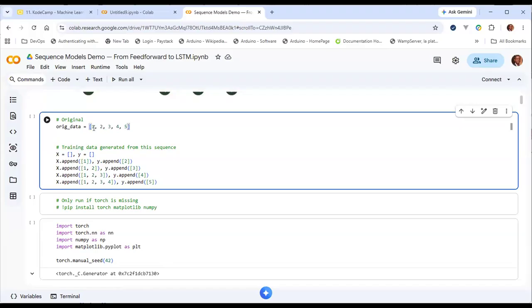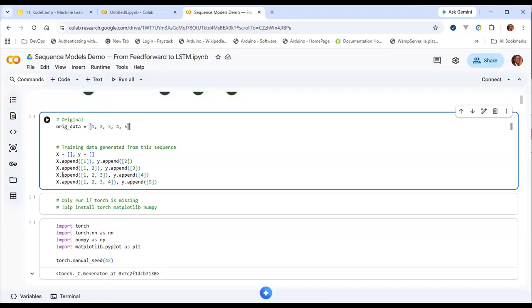This is a sequence of 5 numbers, okay? But in reality, each of these 5 numbers is a feature vector itself, so it would have a second dimension. Right now we're just going with a single dimension feature vector, but we'll touch on that as we move on.